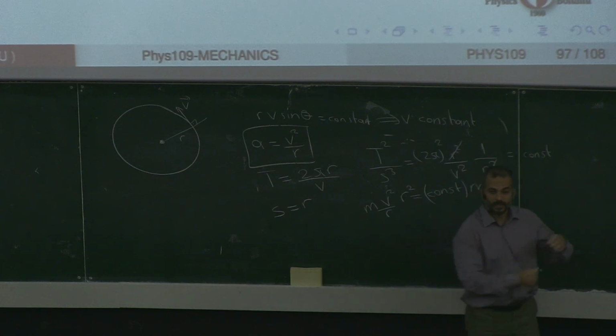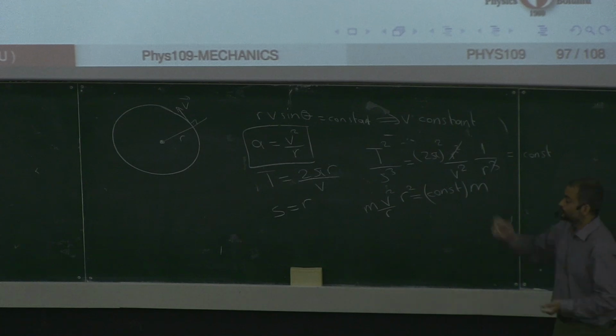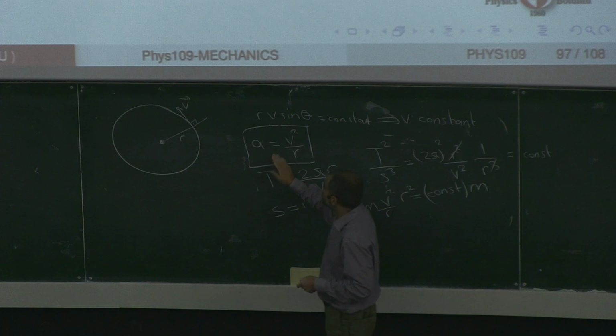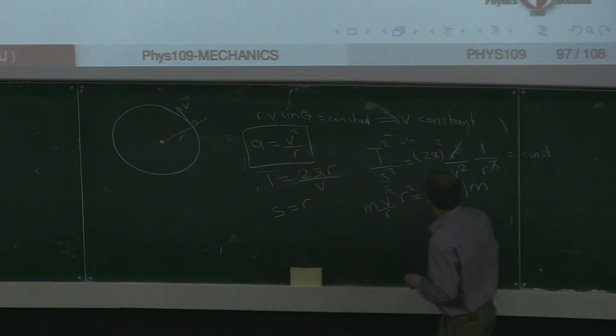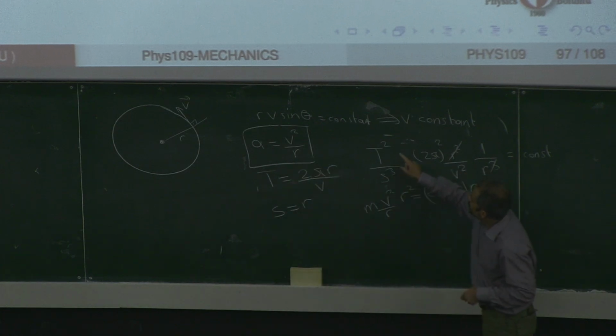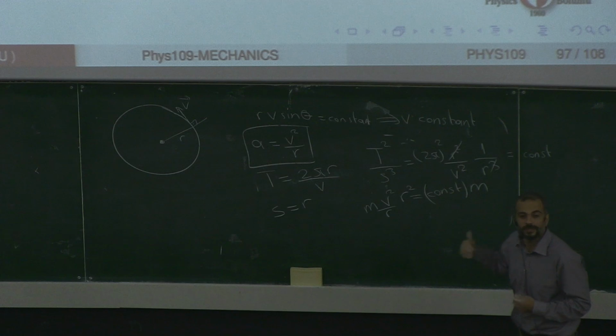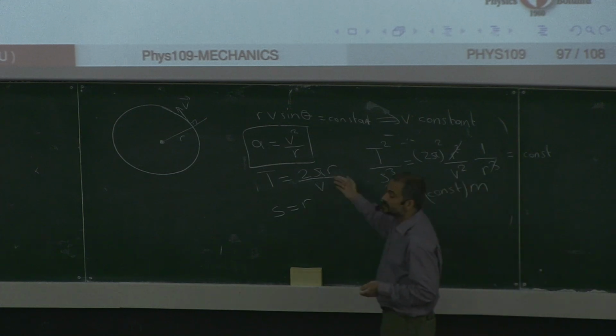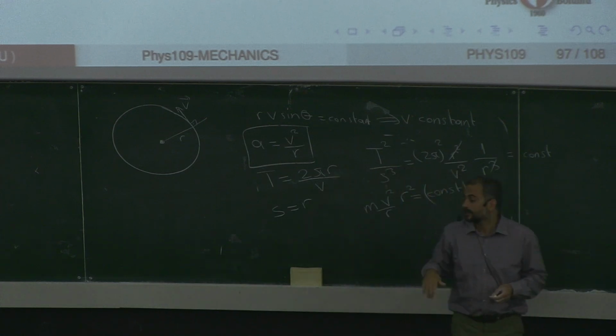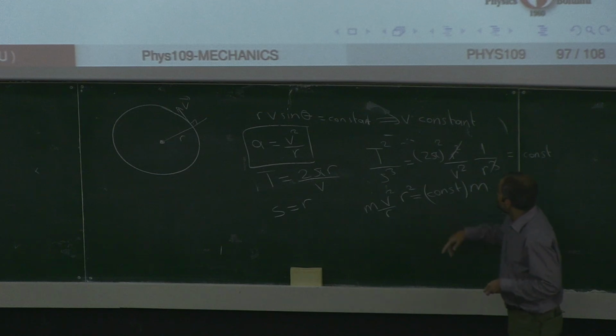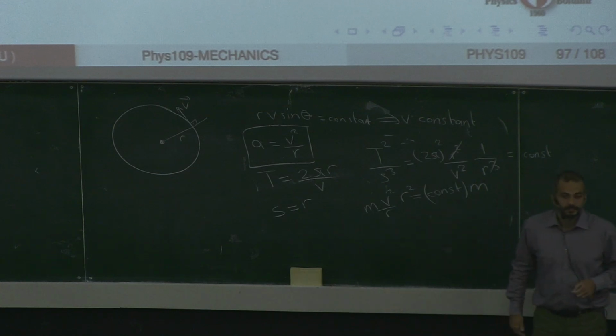Then we can carry everything we know about uniform circular motion to the planets in their orbits. We know that the acceleration is given by v squared over r. That is why I first started by studying what the T squared over R cubed ratio implies for the velocity and the radius of my orbit. I saw that it means that v squared r is just constant.